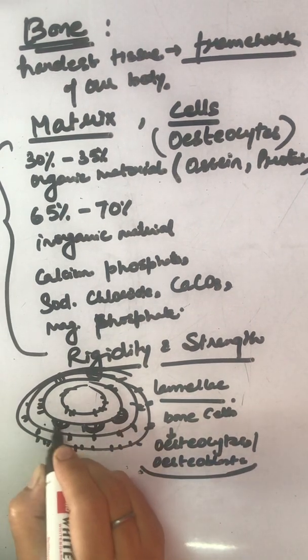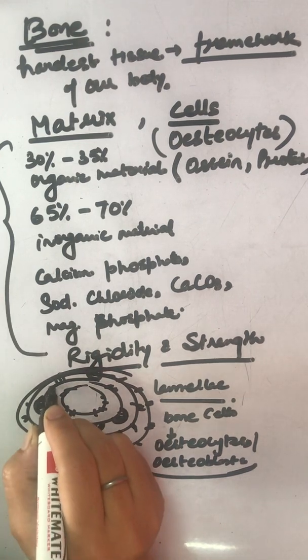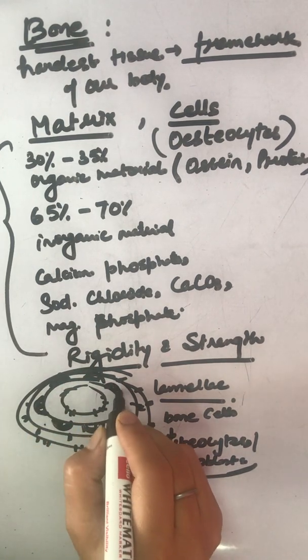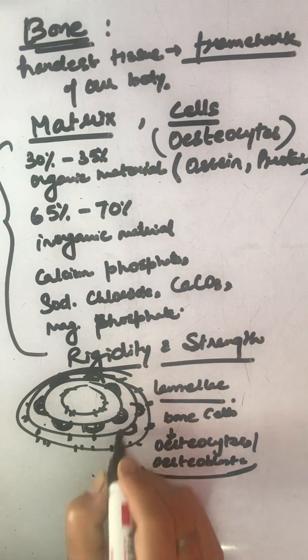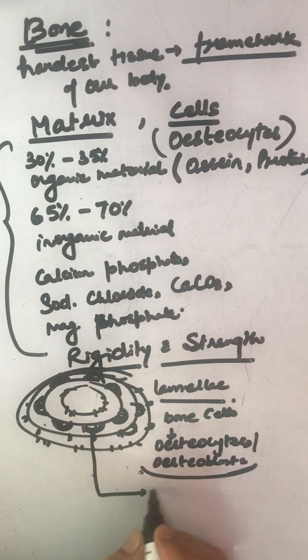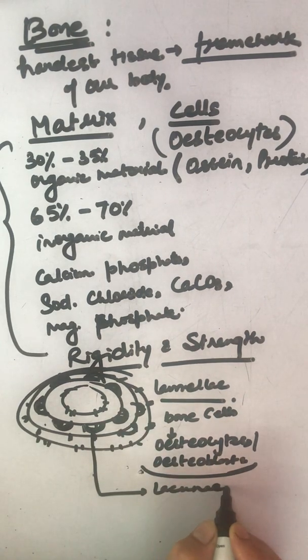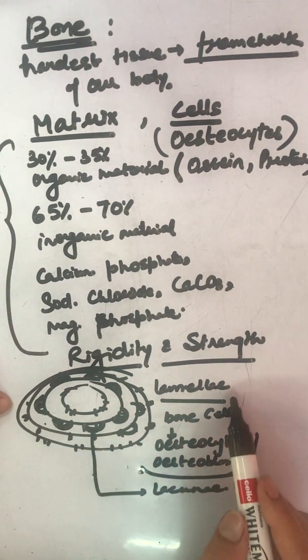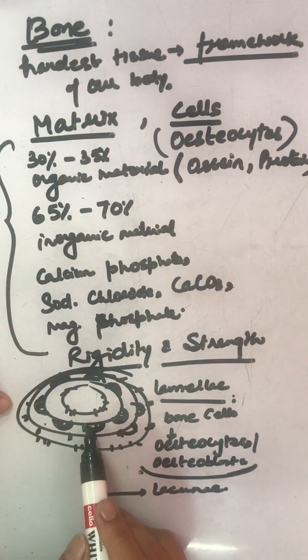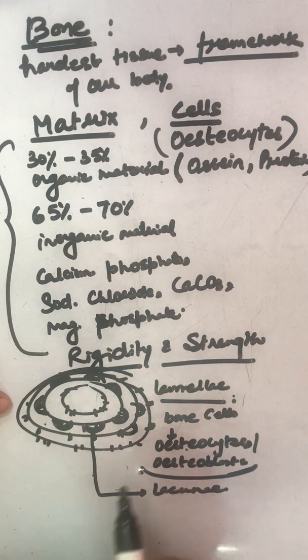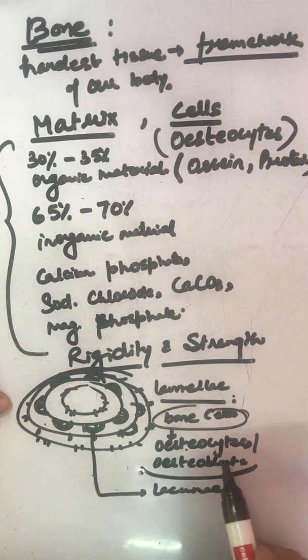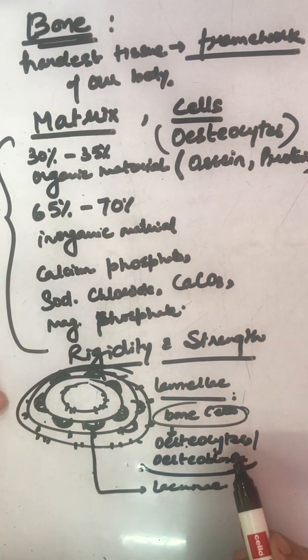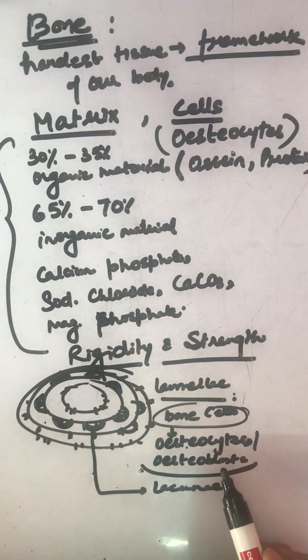Cells are also not scattered; they are located in special cavities. Cavities are known as lacunae. Fine. So what do we have? Concentric rings, which are lamellae. Lamellae have lacunae. Lacunae further have bone cells in them, the osteoblasts or osteocytes.